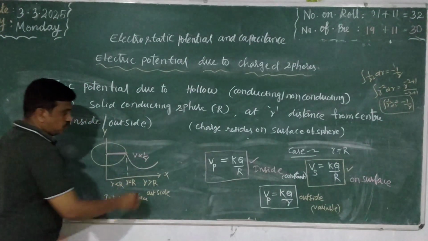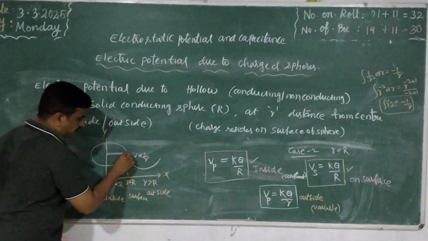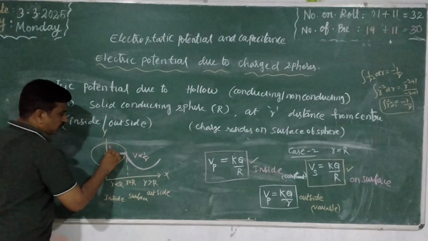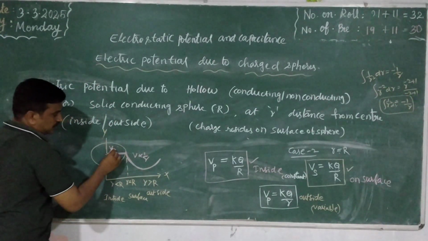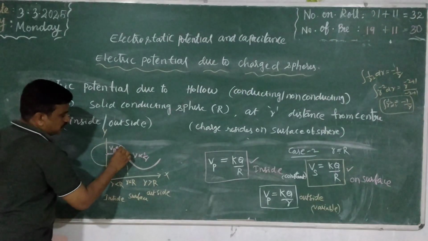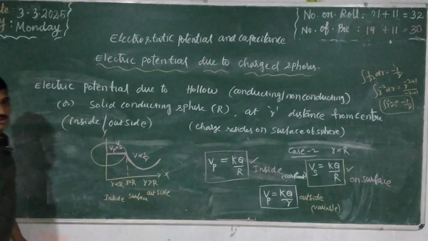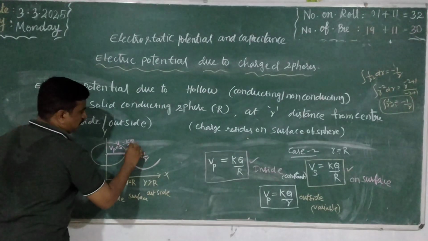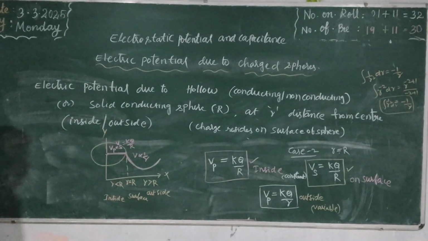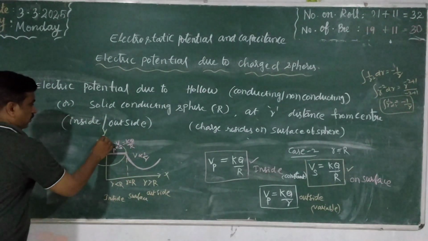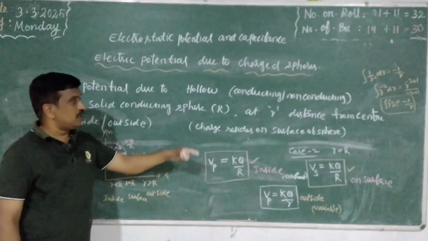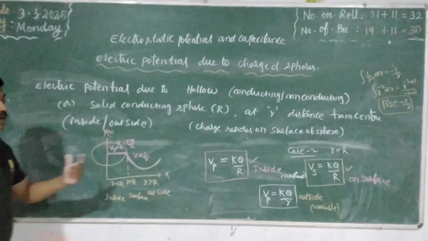This is the graph for outside point, it is variable. Potential from center to surface maintains constant, that is Kq by capital R. This is the graph between potential and distance for hollow conducting, non-conducting and solid conducting spheres.